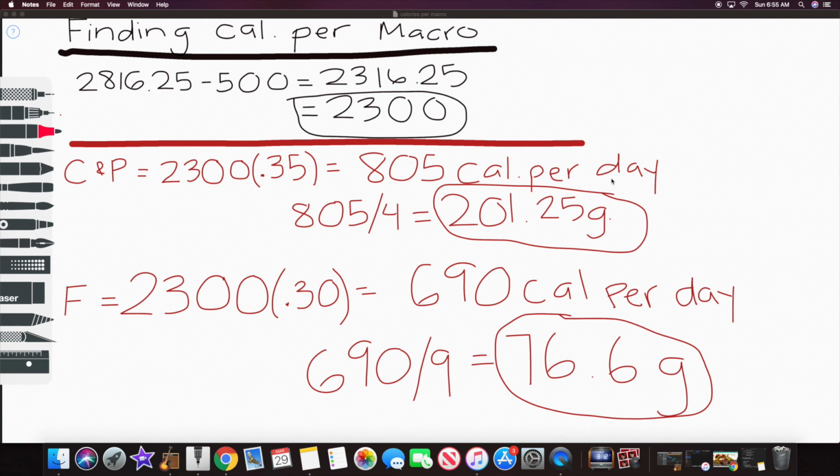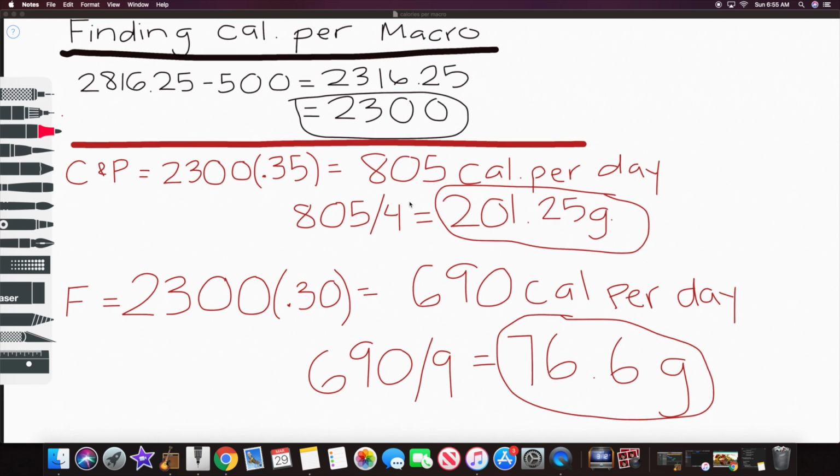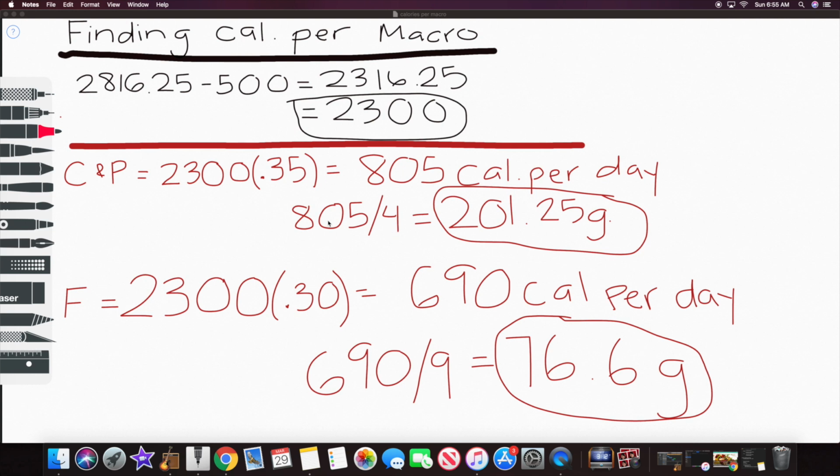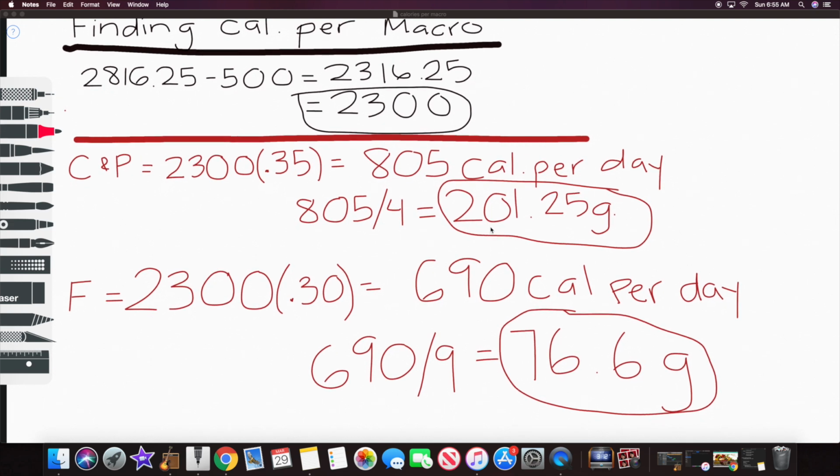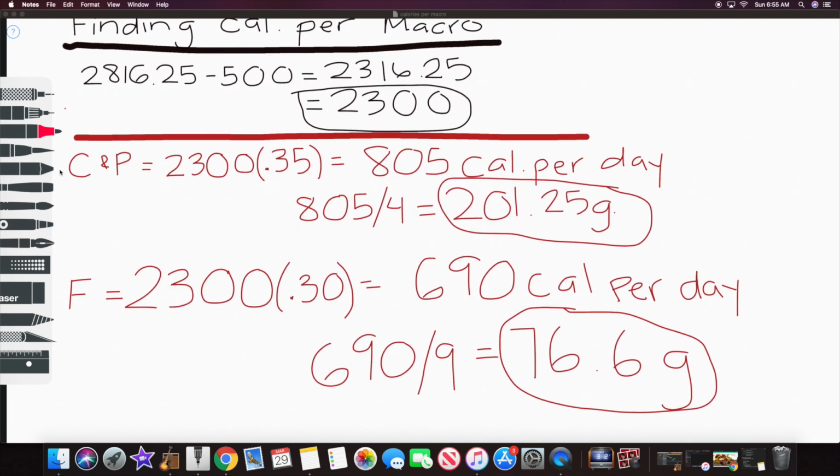So my calories from carbohydrates and proteins can be 805 per day, right? Since carbohydrates and proteins have 4 calories per gram, I'm going to divide 805 by 4, and that will give me the total grams I am allowed to have per macro. So I can have a cap of 201.25 grams of carbohydrates and proteins.